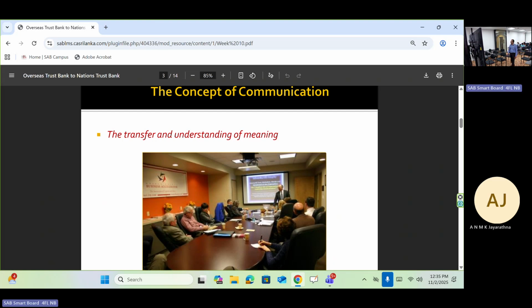These are different levels. Right. Then some elements we are going to discuss can be seen in this picture. Here there are parties.